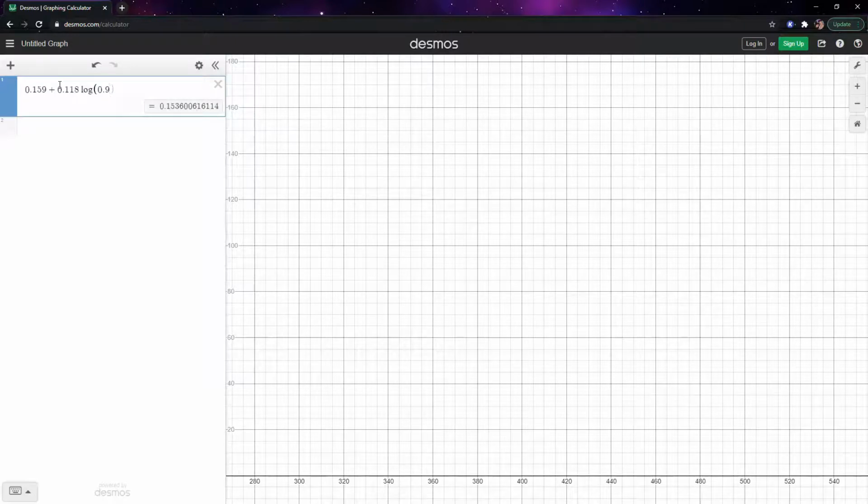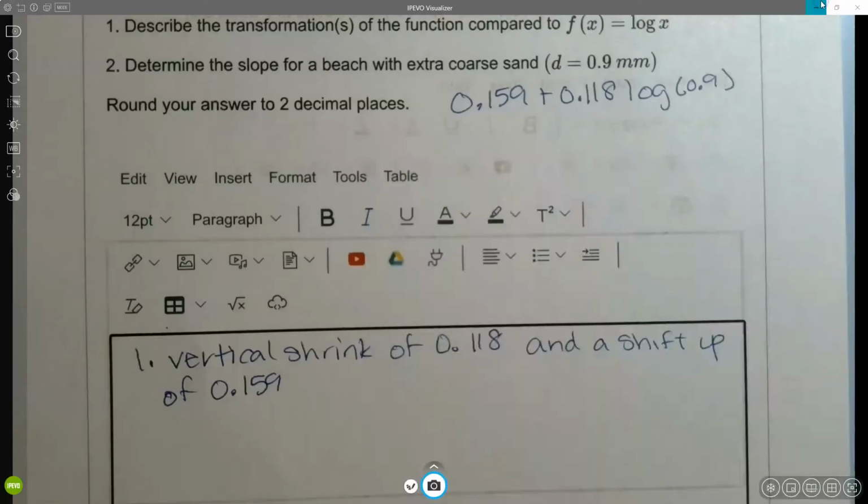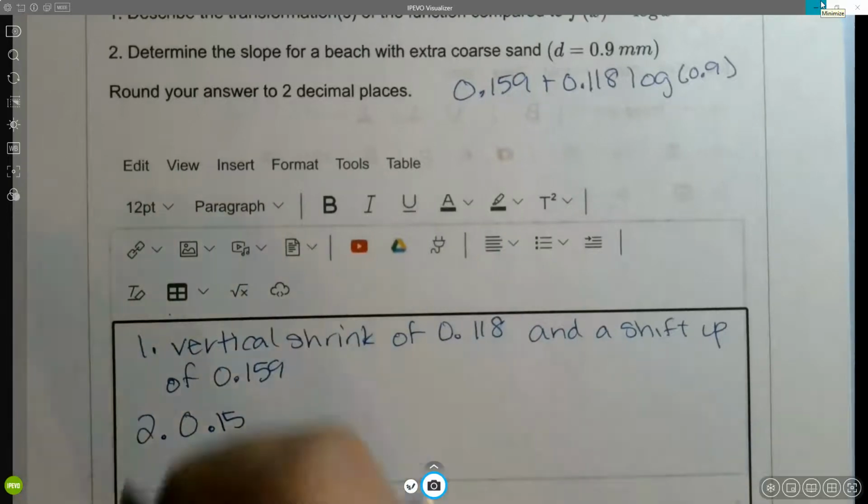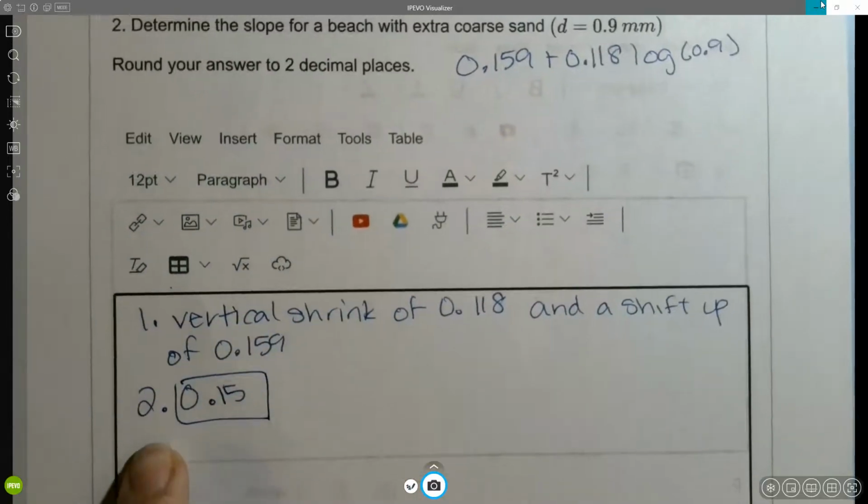Which gives me, it wants 2 decimal places, so it's going to be 0.15. And this part is my answer. This is just me numbering.